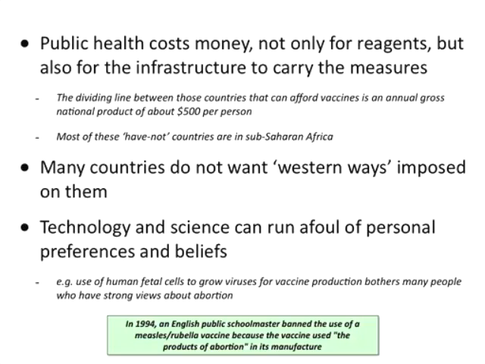Many countries don't want Western ways imposed on them, and technology can run afoul of personal preferences and beliefs. For example, human fetal cells are used to grow viruses for certain vaccines. That bothers a lot of people because they're derived from abortions. And in 1994, an English schoolmaster banned the use of a measles rubella vaccine because, as he wrote, the products of abortion were used in its manufacture.